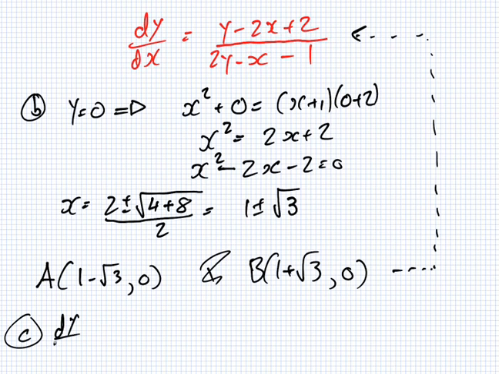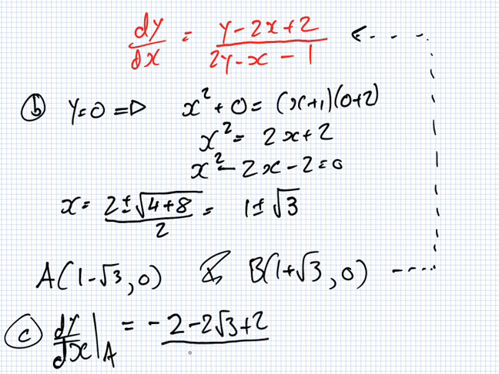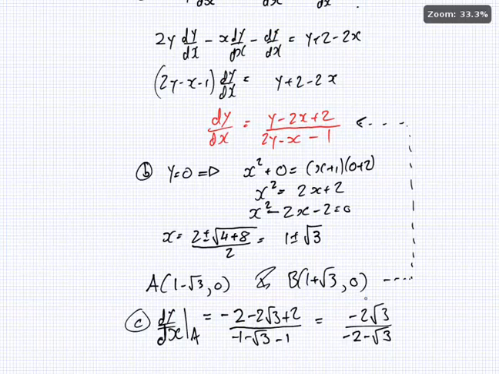So the first one, dy/dx at A: that makes y 0, and you'll get on the top minus 2 times x plus 2, all over 2y, which is 0, and then minus x minus 1. So that would be minus 2 root 3 over minus 2 minus root 3. Doesn't say anything about simplifying, so I won't bother to simplify.